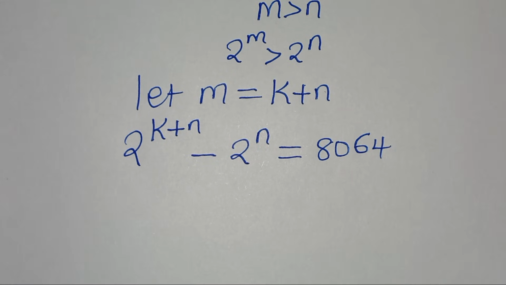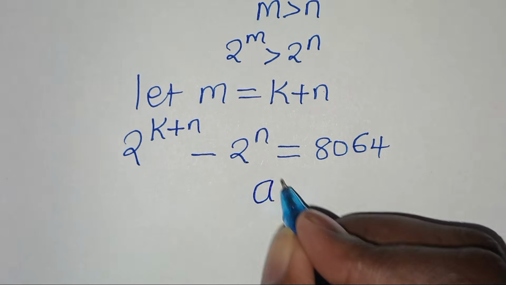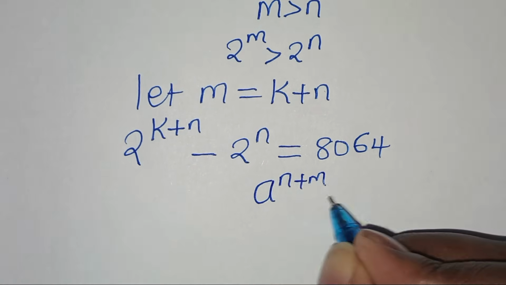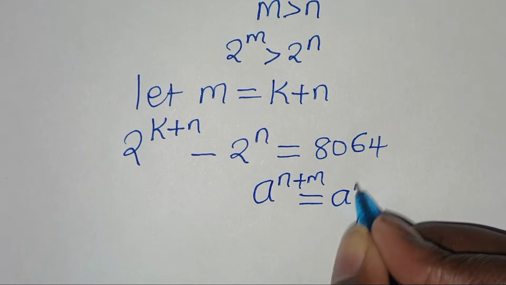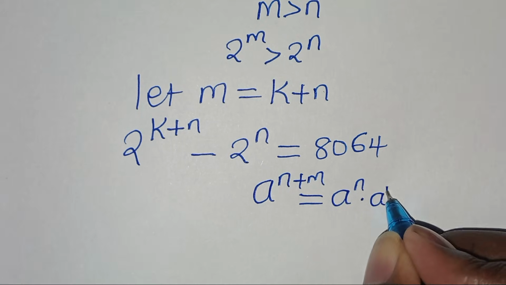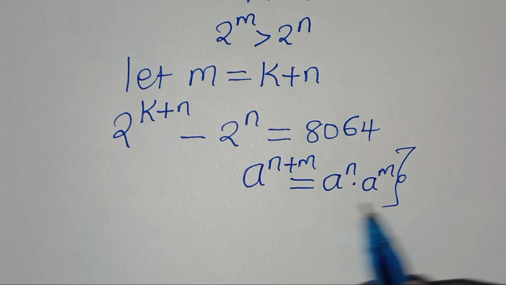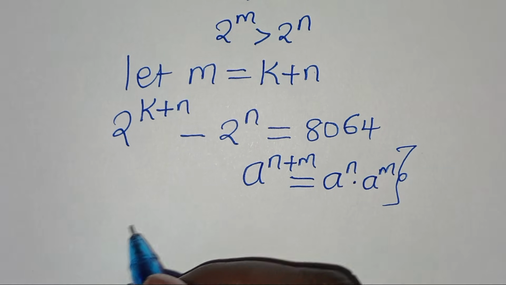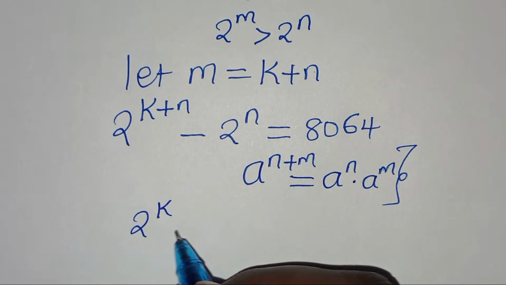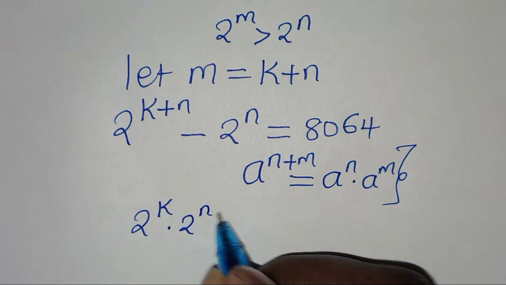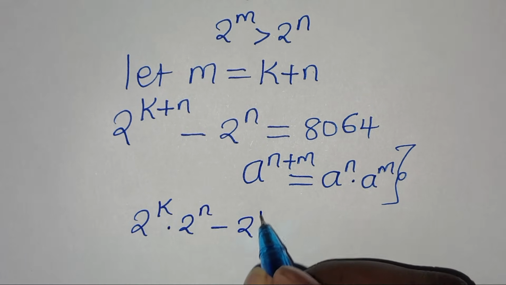Now, we have that 2 to the power of k plus n. This is in the form of a to the power of n plus m, which we can express as a to the power of n times a to the power of m. Applying this exponent property, then we have 2 to the power of k times 2 to the power of n minus 2 to the power of n.